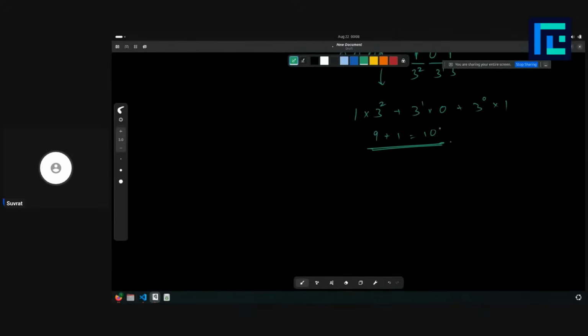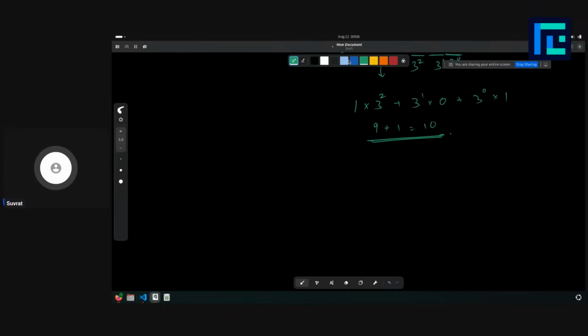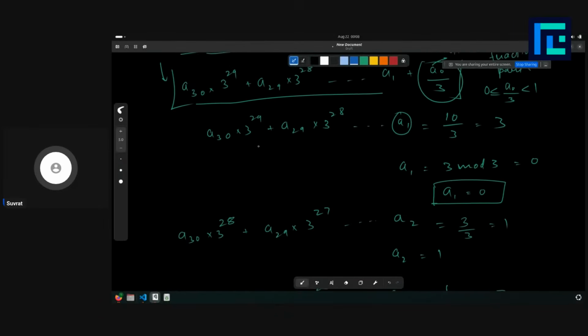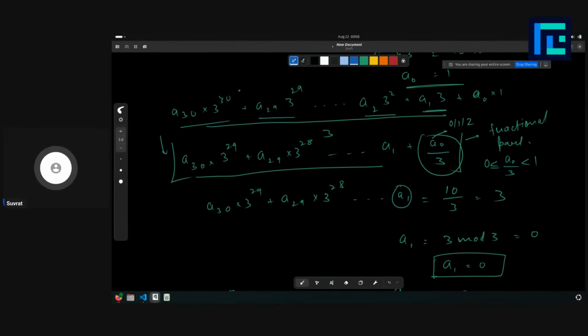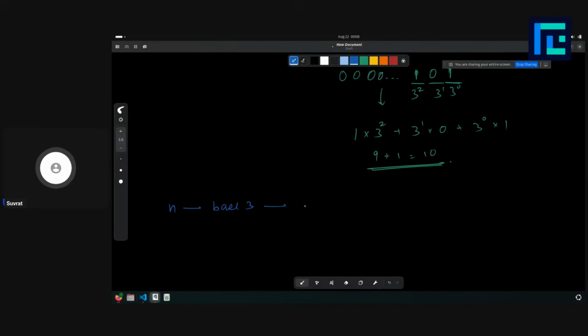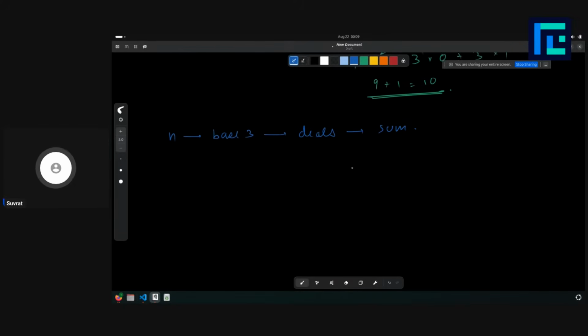So for this problem, the solution would be: you take n, go to the base 3 representation, and the base 3 representation tells you what deals you need to make, and then you sum the cost of those deals.